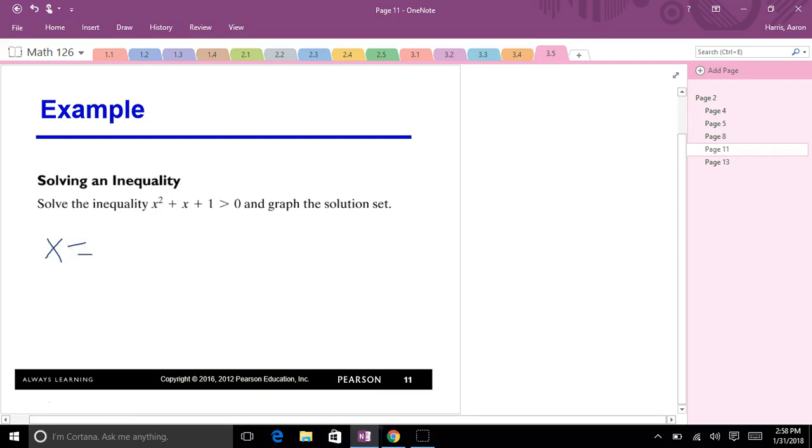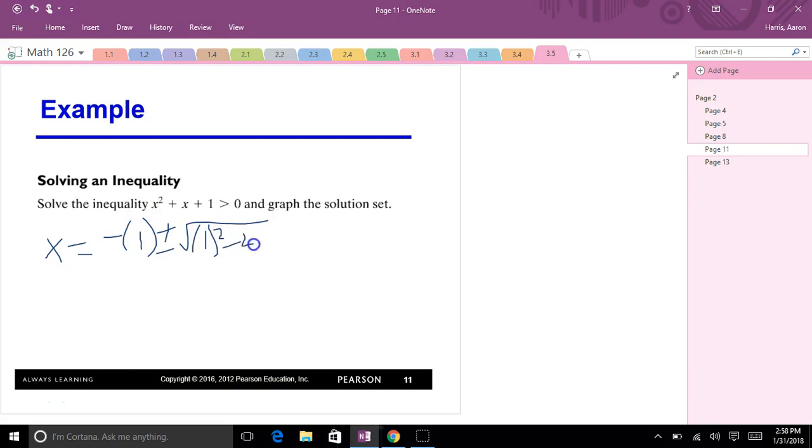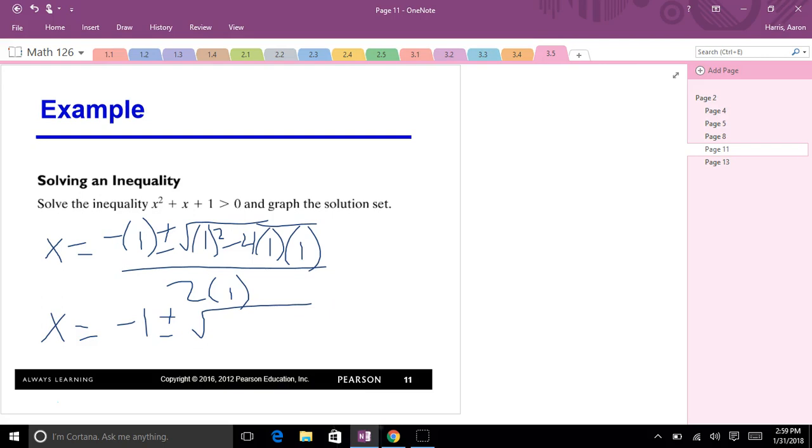x equals negative b, here's 1, plus or minus the square root of b squared minus 4ac, all over 2a. I don't know if you guys learned it that way, but that's the way I learned it. Pop goes the weasel. Anyways, so we clean this thing up. Negative 1 plus or minus the square root of 1 minus 4, we got negative 3 under there, all over 2.